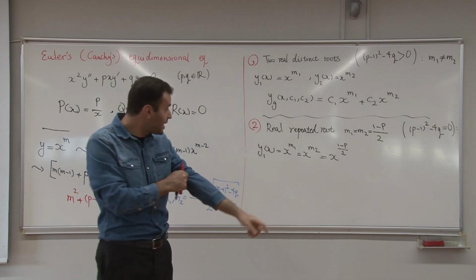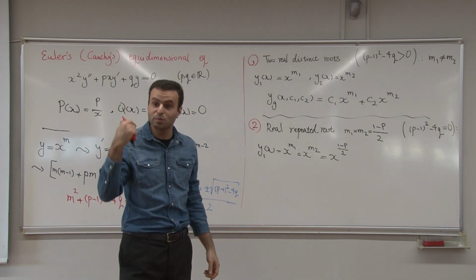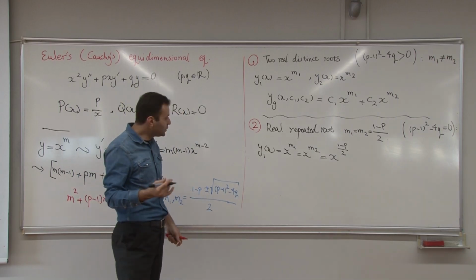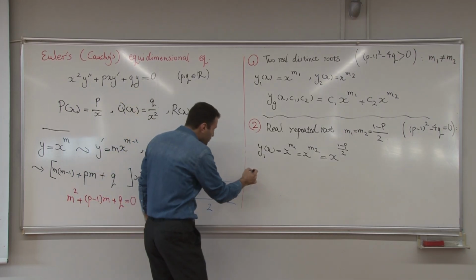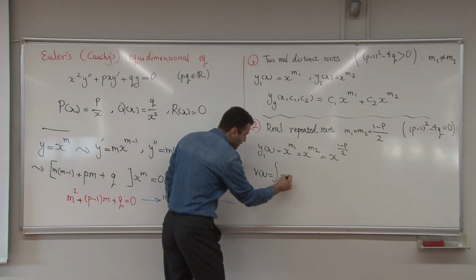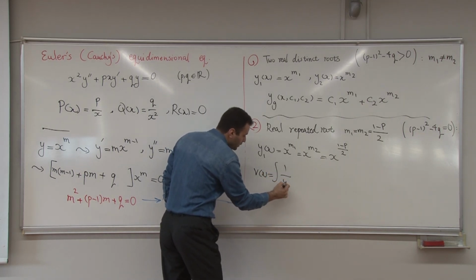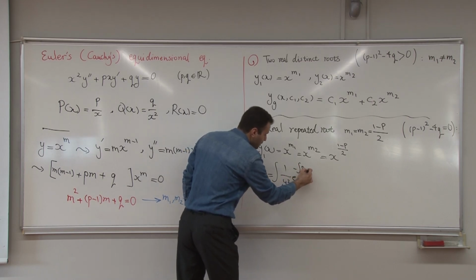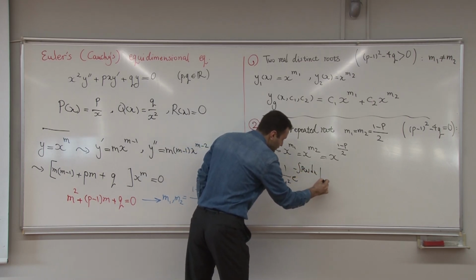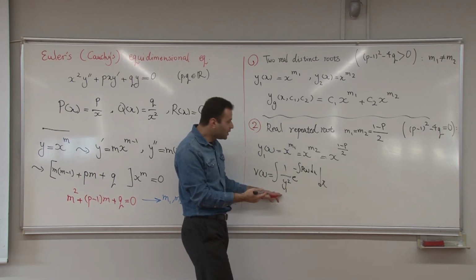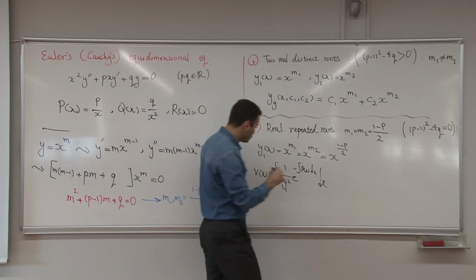Which means that in this case, our v of x is going to be some other function. What function? I don't know. What we need to know is that the formula for v of x is the integral of e to the power of minus the integral of p dx, divided by the first solution to the power of 2, dx. We need to calculate this. If we can find this, then we can find the second solution.